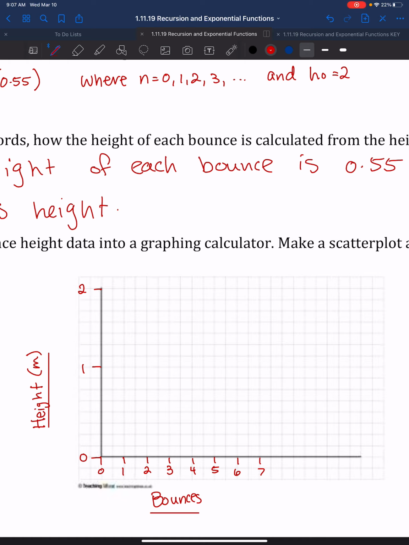Okay, so after 0 bounces, we're at 2 meters. After 1 bounce, we're at 1.1. 2 bounces, 0.605. 3 bounces, 0.33. 4 bounces, 0.183.